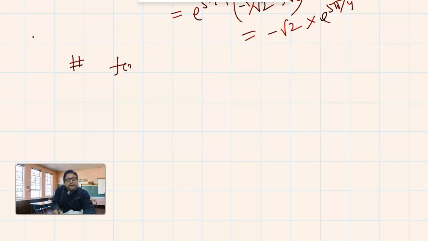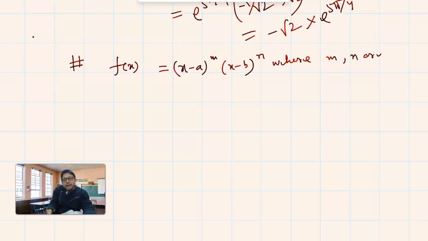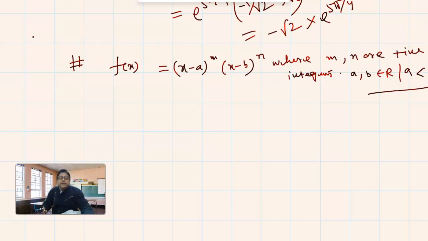The function is stated in this manner: f(x) equal to (x minus a) to the power m into (x minus b) to the power n, where m and n are positive integers, and a and b both are real, and also it is given that a is less than b. We have to check whether Rolle's theorem is applicable for this function or not.